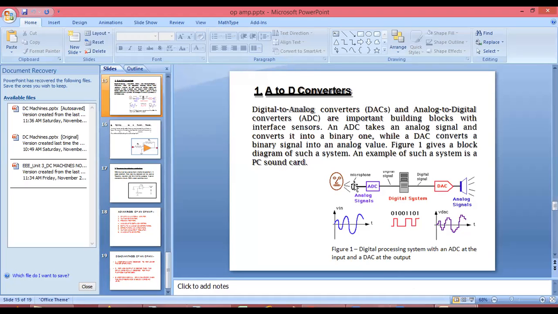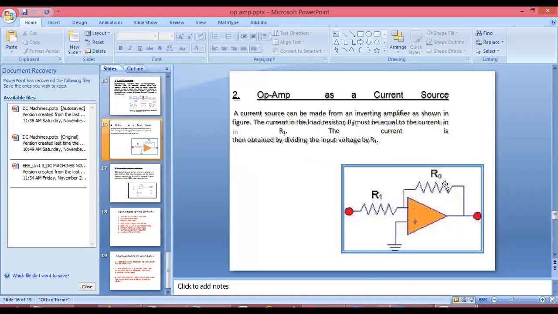The input is analog, the digital system processes it, and we can convert it back into analog by using the DAC. Here we can use amplification to increase the value of sound.